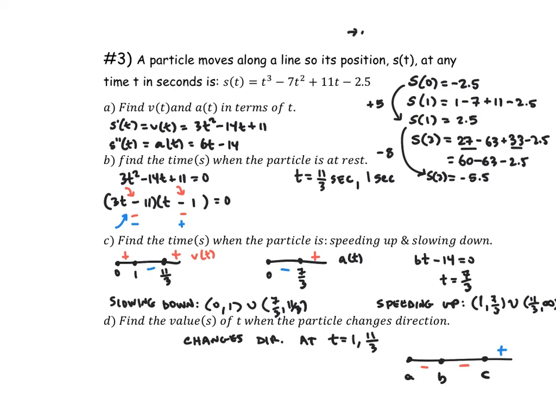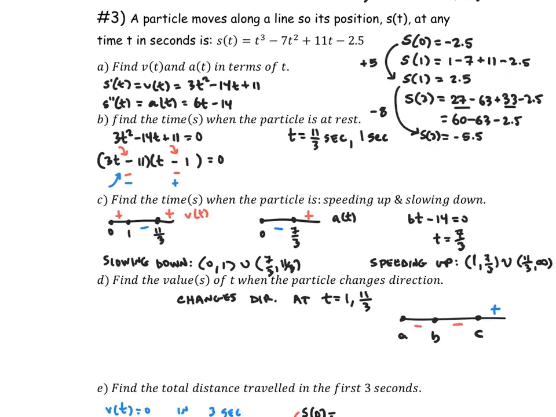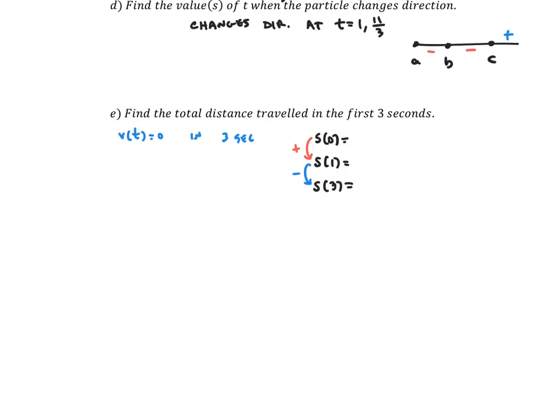If I went right 5 units and then left 8 units, we would have traveled a total of 13 units. I don't think it gives us units, but that's fine. So the particle traveled 13 units.